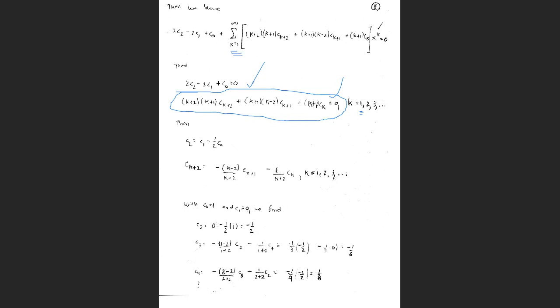The power series here starts at k equals 1. So what we do is C2 would have to equal C1 minus 1/2 C sub 0. We'll pick C1 and C sub 0 to get the ball rolling.